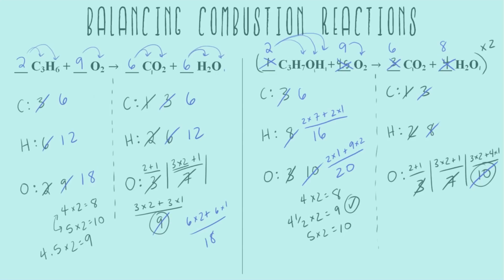On the right-hand side, for carbon, I have 6 times 1. For hydrogen, I have 8 times 2. And for oxygen, I have 6 times 2, plus I have 8 times 1. So this gets me to 20. All right, great. So now I am completely balanced on both sides.